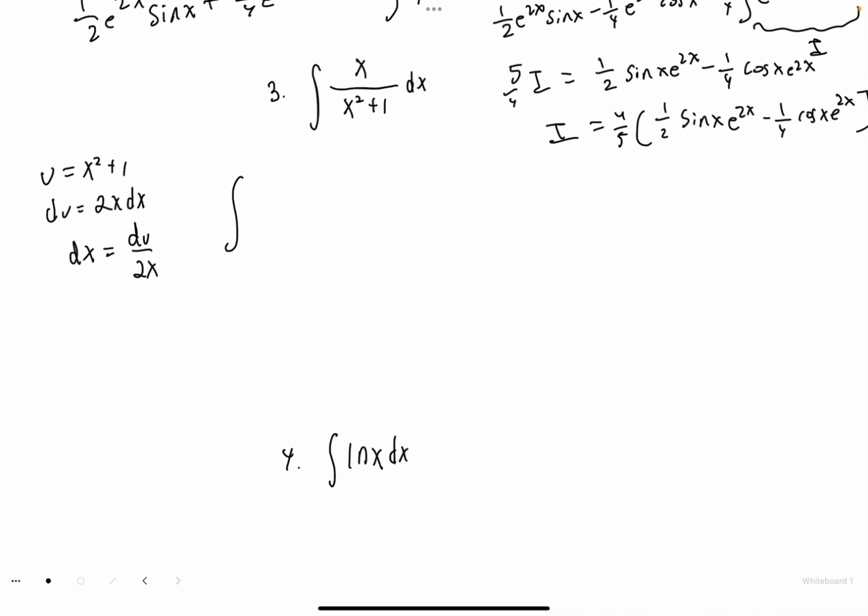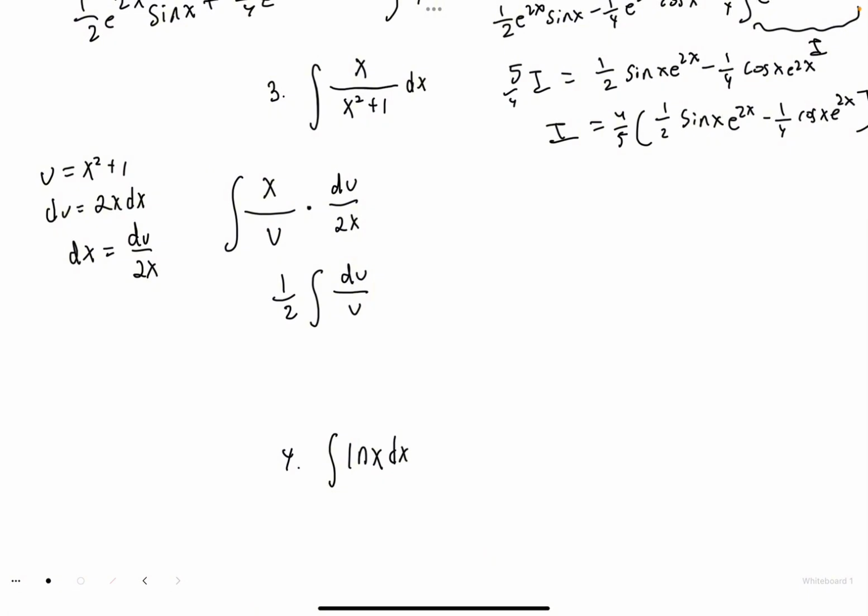So when we go back to the integral, x over u, and then we multiply du over 2x. So then we have 1/2, since the x's cancel, du over u.